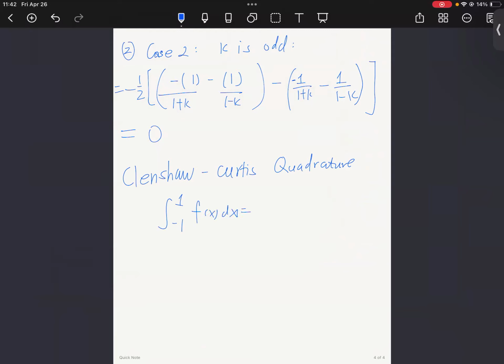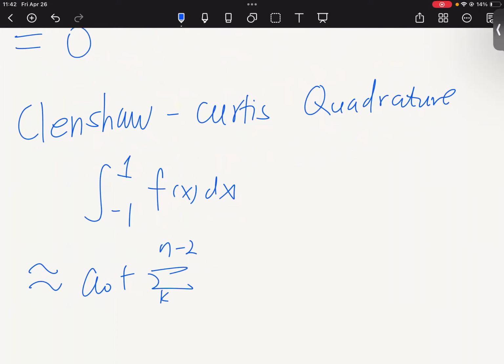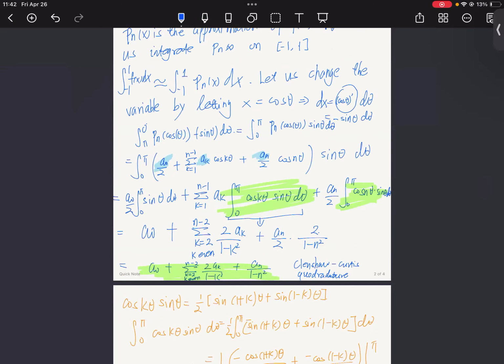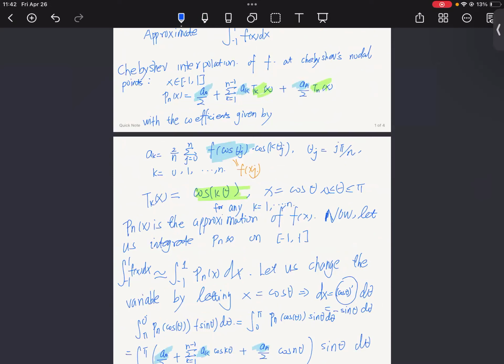Here we are going to approximate it with the formula below, and it's just the sum over k equals 2, where k is an even number, of 2a_k over 1 minus k squared, plus a_n over 1 minus n squared. And for the a_k definitions, I just want to copy everything down.